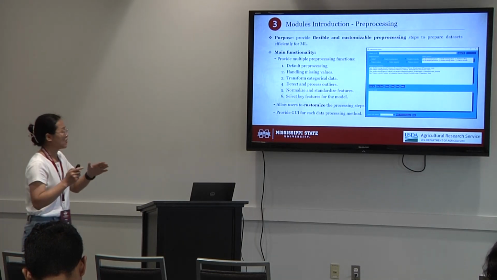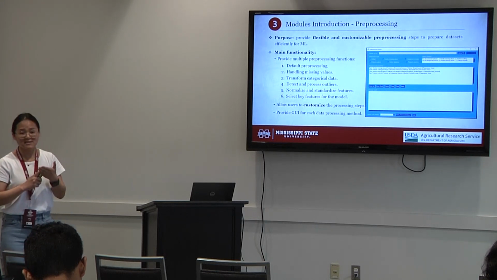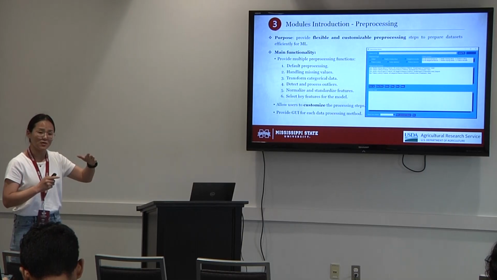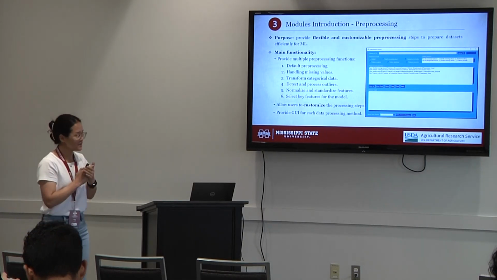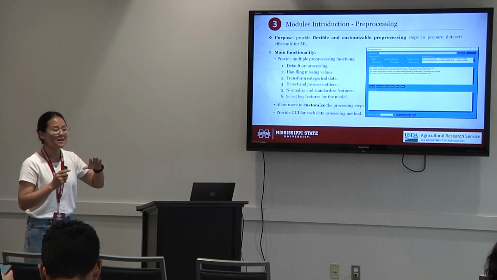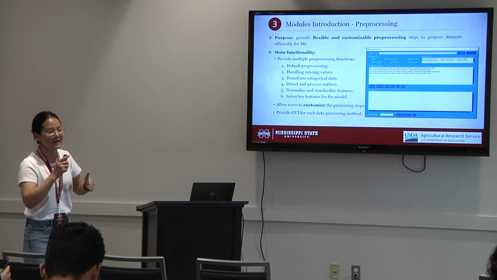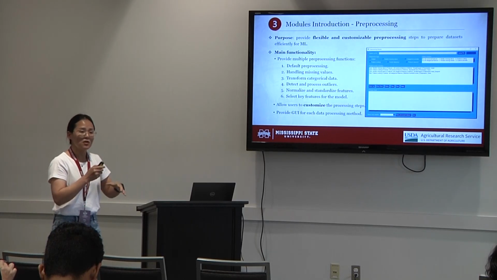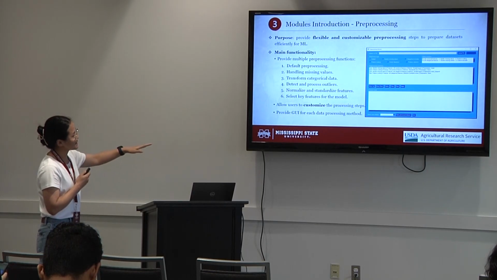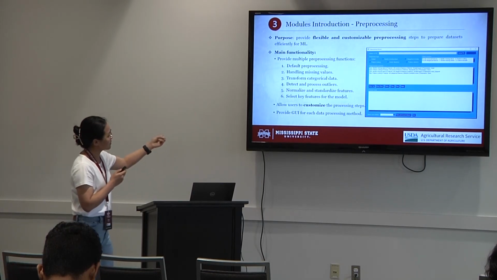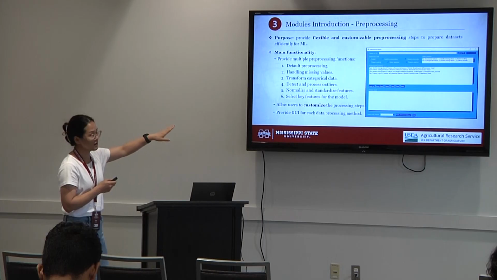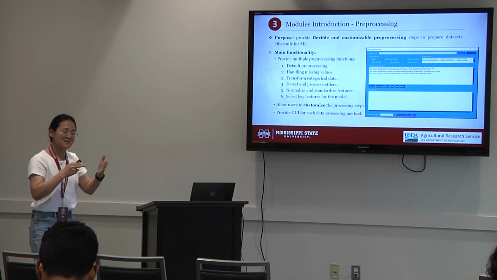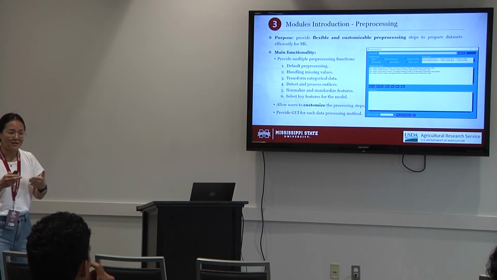Also, for different people and different data sets, you want to make this processing flexible. Maybe one person wants to process missing values first and then go to another step, but another person doesn't want to do that. So we make it more flexible. You can just adjust the processing order, and you'll get the processing as you require.